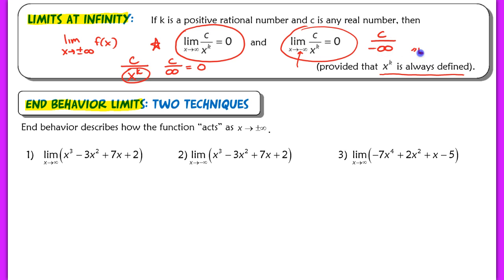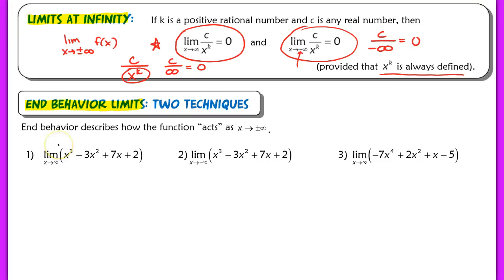And I say the word big in quotations because technically it's a small number if it's a really big negative number. But the same thing happens here. When you divide some constant by a really, really large number, it happens to go to 0. And in this case, the sign is negative, but negative 0 doesn't really make sense. It's still approaching a value of 0. So the limit as x approaches negative infinity of this function c over x to the k will equal 0 as well.